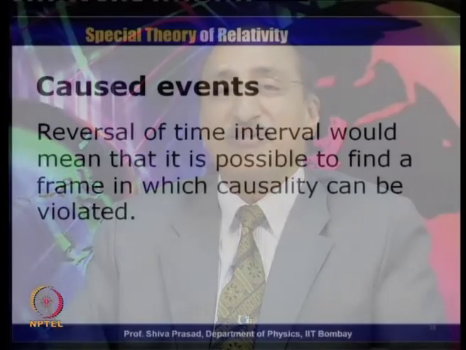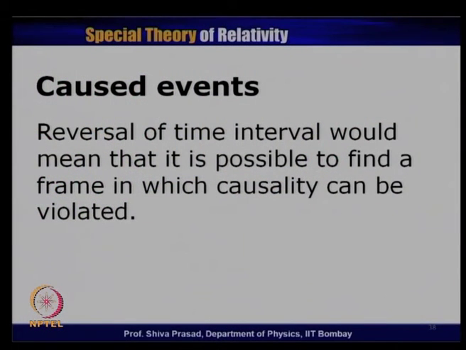Now, if delta t prime changes sign, it means these orders can also change sign. I am calling these events caused events. Reversal of the time interval would mean that it is possible to find a frame in which causality can be violated. Let me explain this point a little.